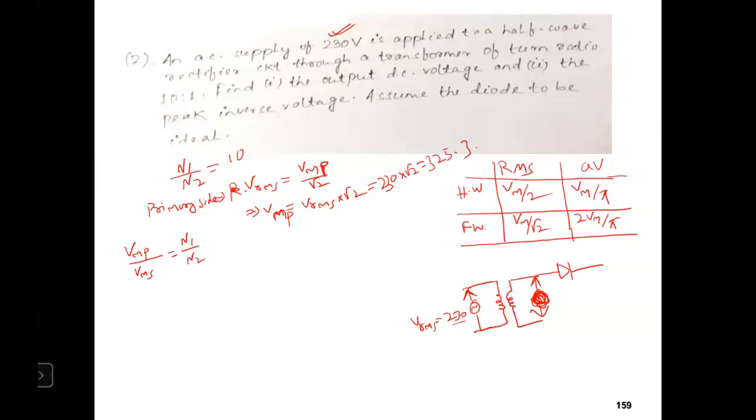That means voltage ratio equals the turn ratio. N1 by N2 is given as 10, which implies the maximum voltage at the secondary side equals Vmp by 10, or 325.3 divided by 10, equal to 32.5 volt.